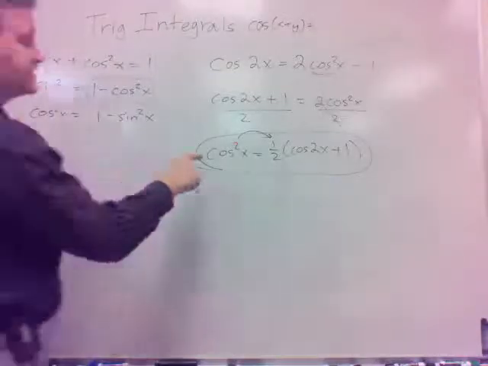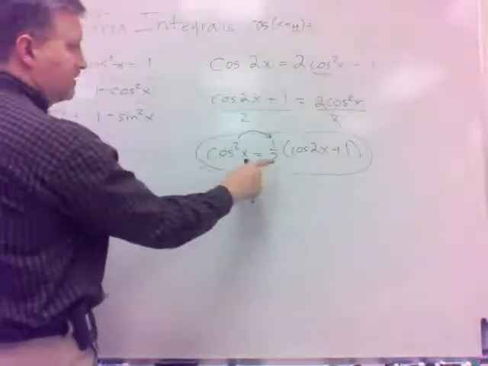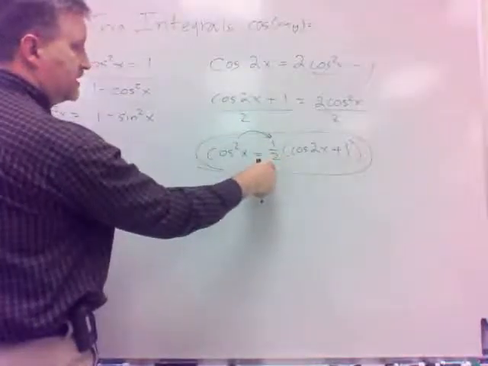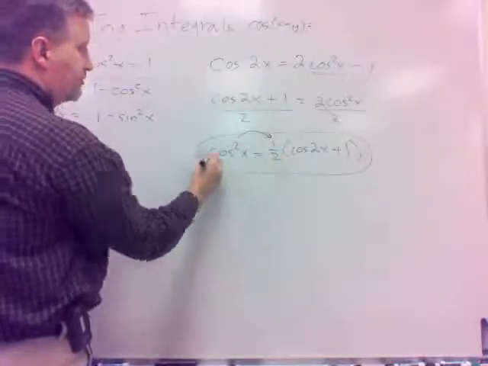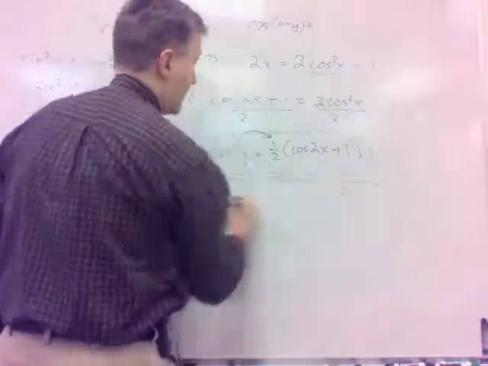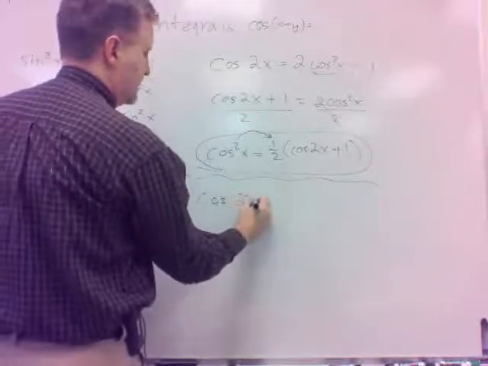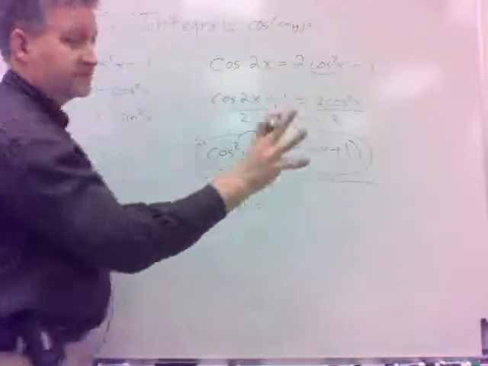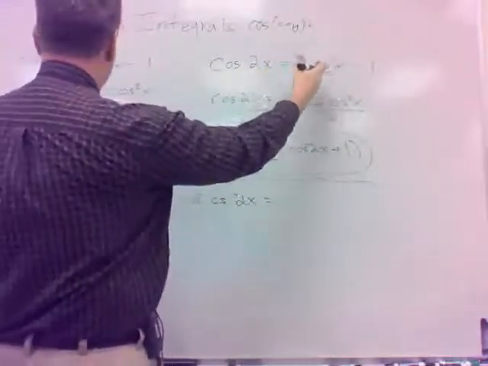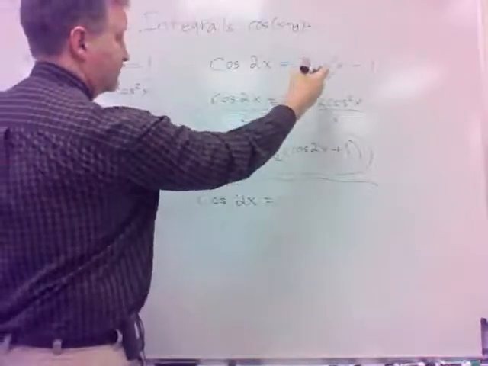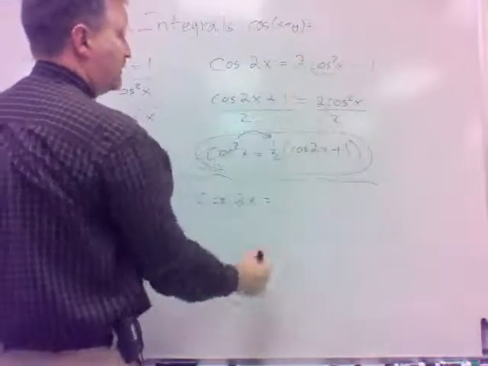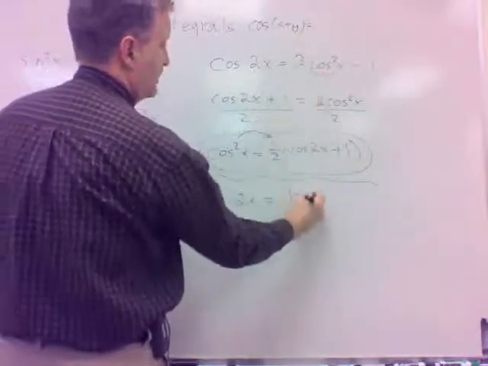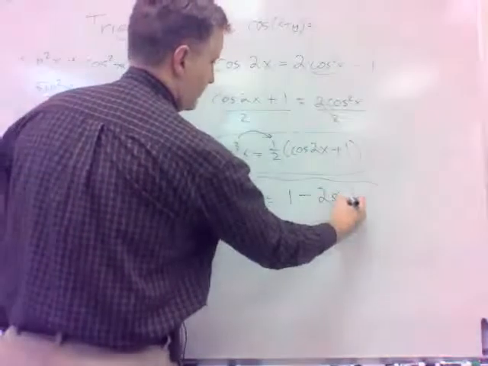Now, there is a form from the double angle for sine squared. Remember, we can also write cosine of 2x in terms of a sine, and that does come. You plug in 1 minus sine squared for cosine squared there, and you wind up getting, I think it goes the other way, 1 minus 2 sine squared.